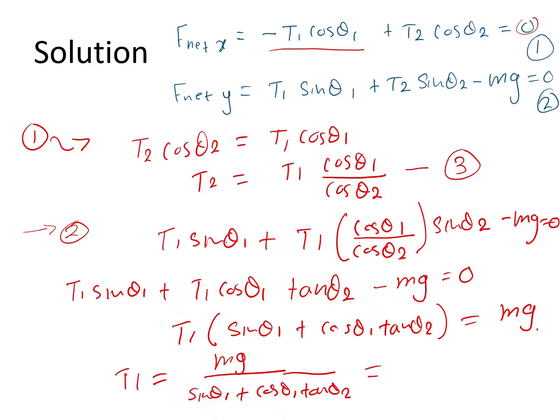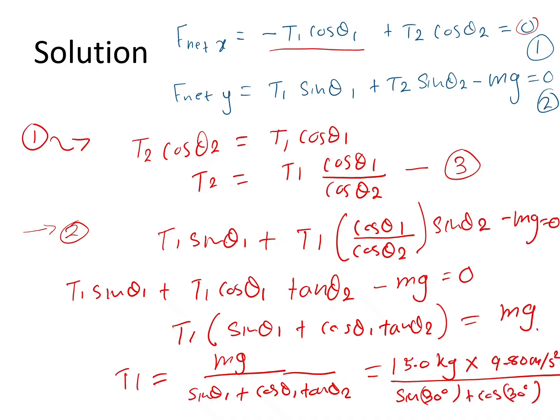Then we can substitute the values. So m is 15 kilograms and g is 9.8 meters per second squared, divided by sine 30 degrees plus cosine 30 degrees tan 45 degrees.